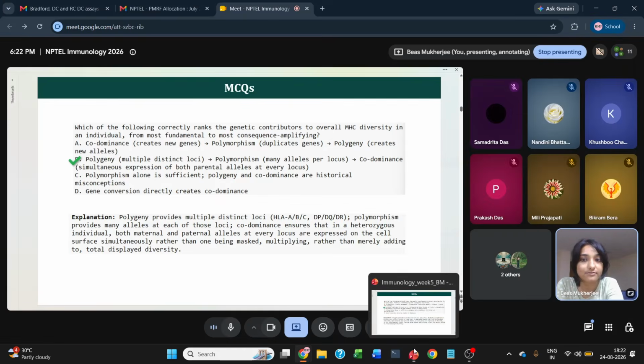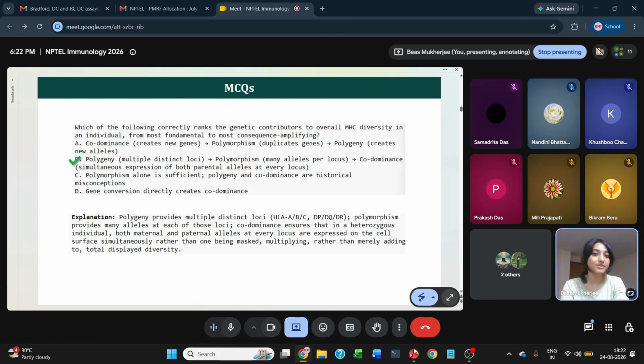So basically, yes, very good. B is the right answer, but how is that happening? Let's see. First thing is polygeny, which provides multiple distinct loci. So there are multiple genes, first of all. Second thing is polymorphism. There are multiple alleles in different individuals of the species.